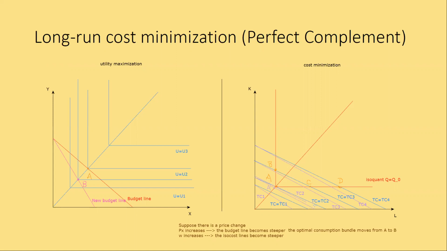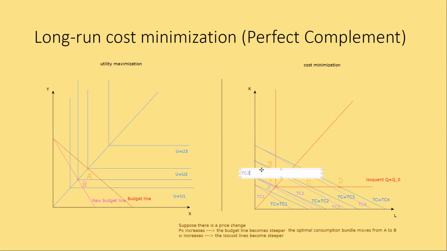That is going to be something like this. I apologize, I should have drawn this graph larger. So we can have a new total cost line. Let's call it TC2 prime, for example.